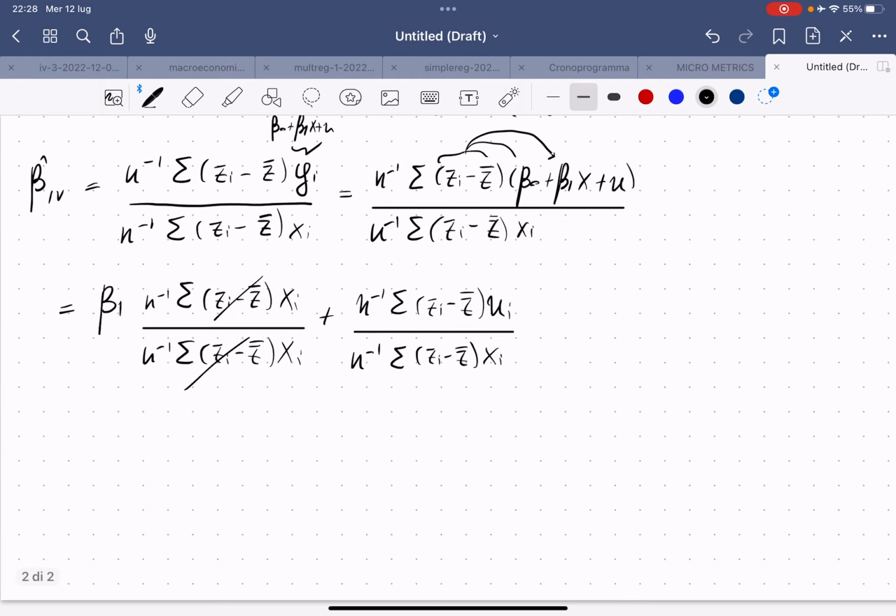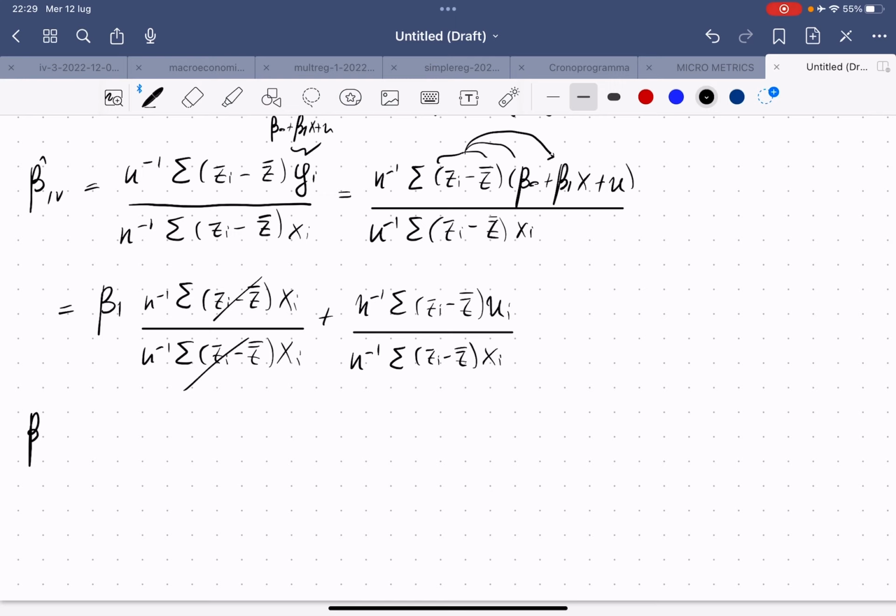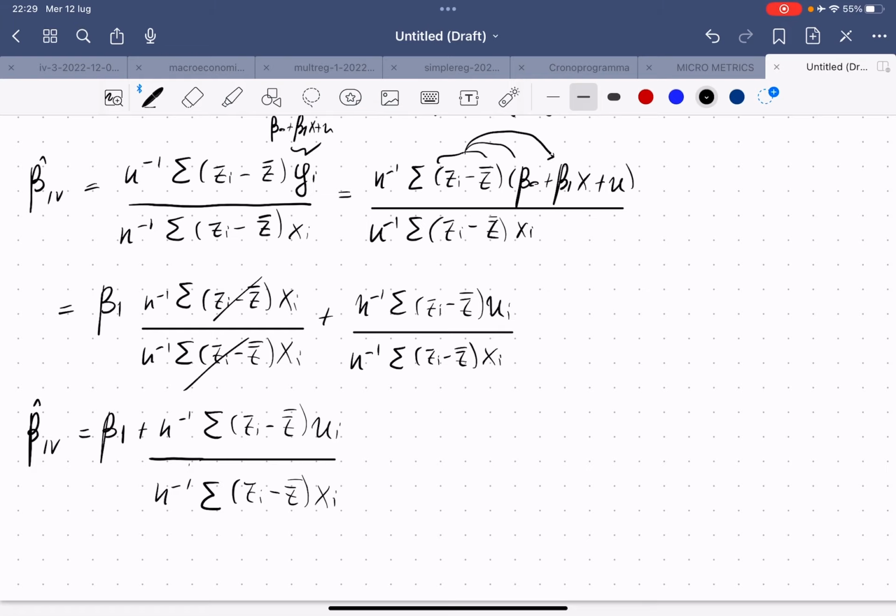So we have that the estimated beta with the instrumental variable will be equal to beta 1 plus n to the power of minus 1 times the sum of Zi minus Z bar times Ui, divided by n to the power of minus 1 times the sum of Zi minus Z bar times Xi.